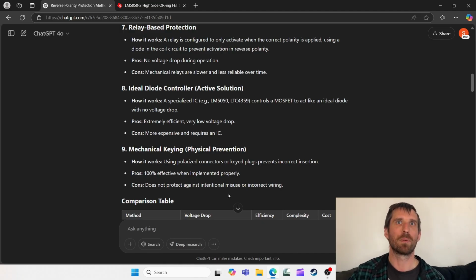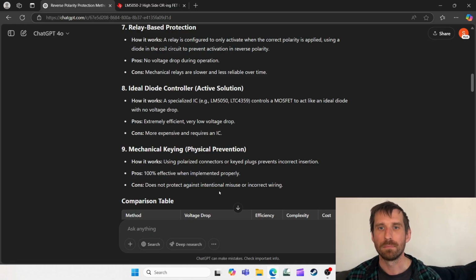Cons: does not protect against intentional misuse. Well, we don't care about that because it's intentional. And hopefully your product manual says how to connect the bloody thing properly. And you know what? You just don't have to honor the warranty. Like, it's not a bit intentional misuse. You don't have to worry about that in practice.